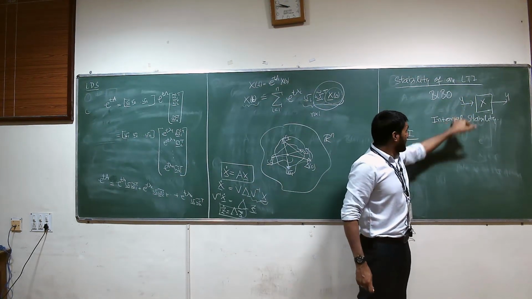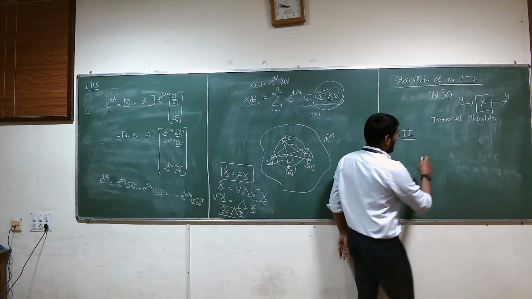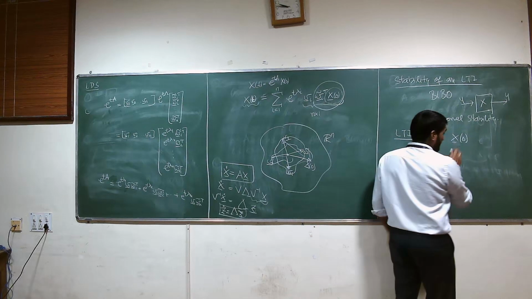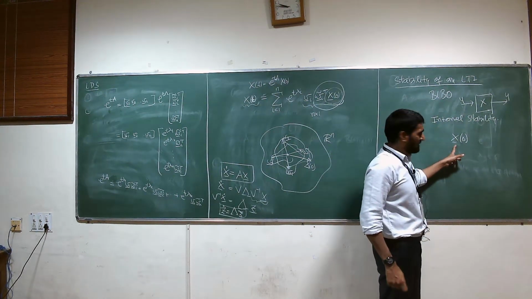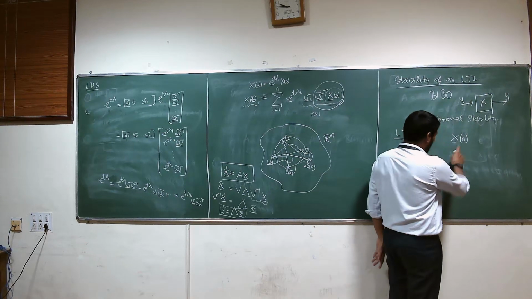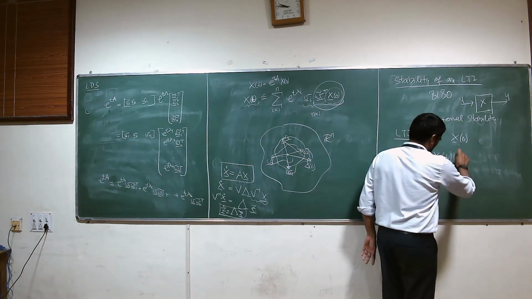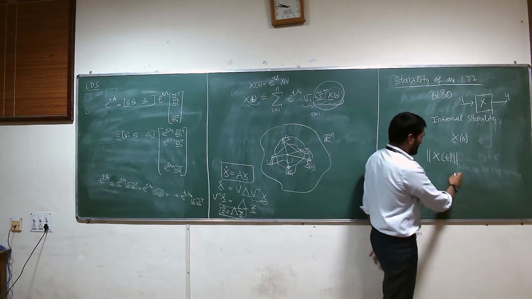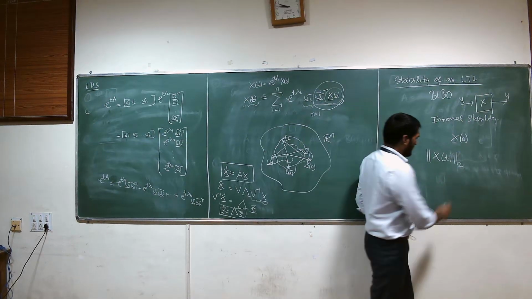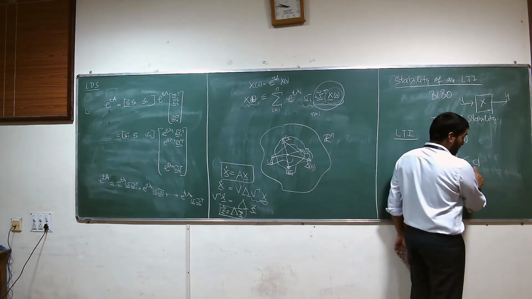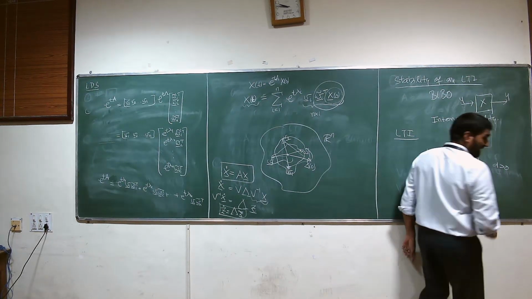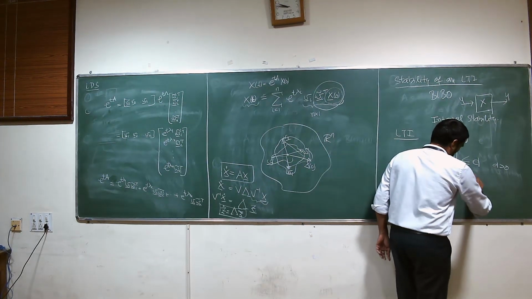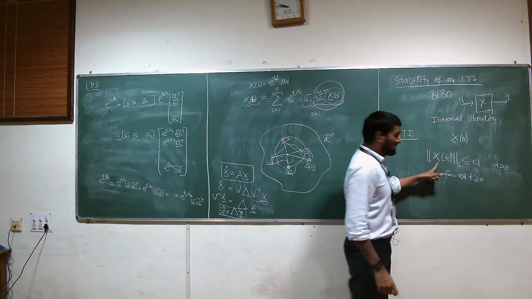You say an LTI system is internally stable if you start with a finite initial state from time t equals 0, and the norm of the state, for now let's say the 2-norm, is less than or equal to some d, where d is a positive real number, for all t greater than or equal to 0, then you say that the system is stable.